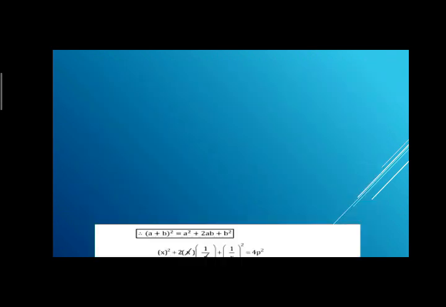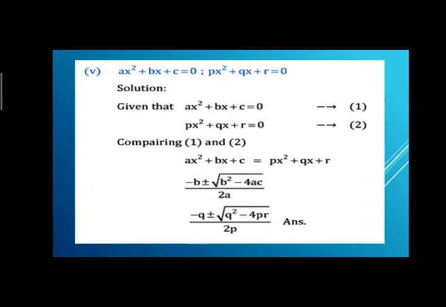But in part 5 of that question we have the quadratic equations ax square plus bx plus c, and the second equation px square plus qx plus r. That's why we apply the quadratic formula over here to eliminate the variable x.